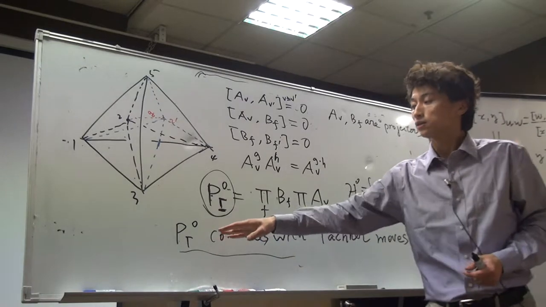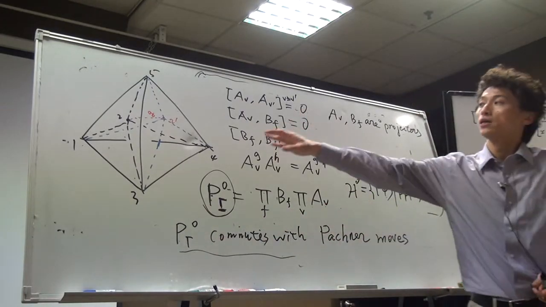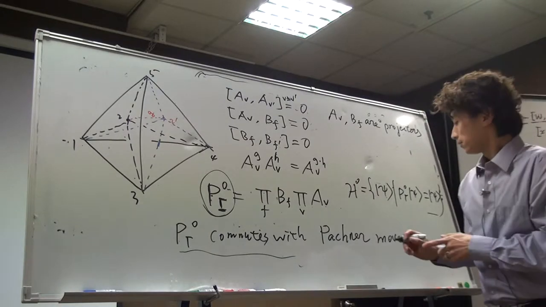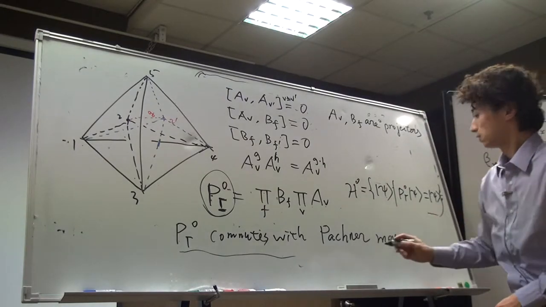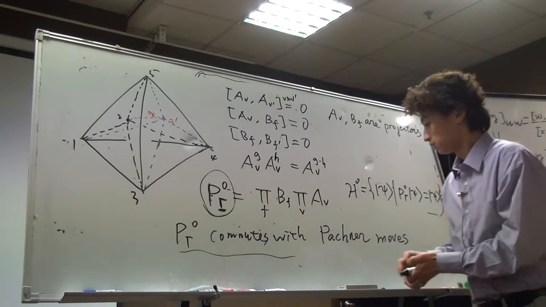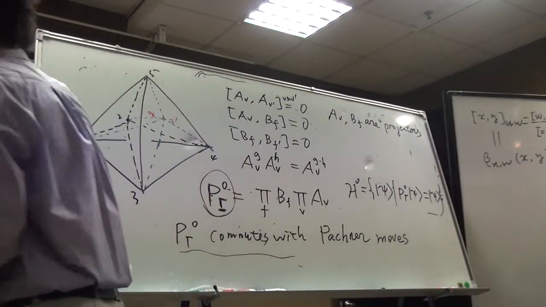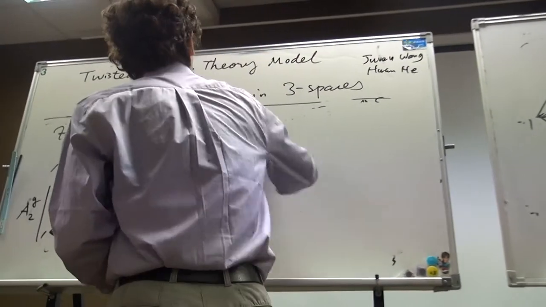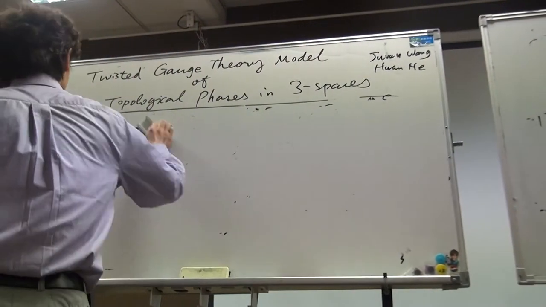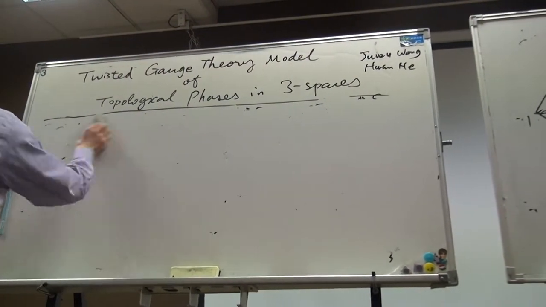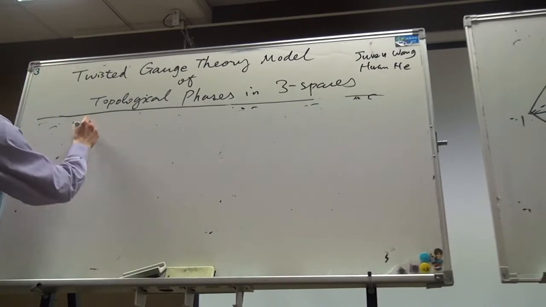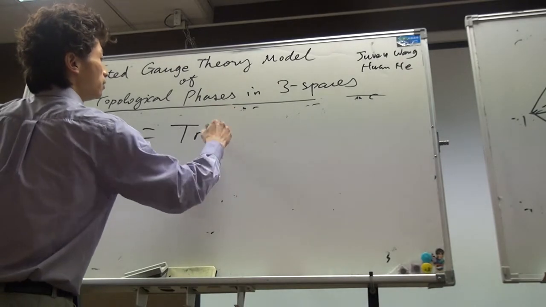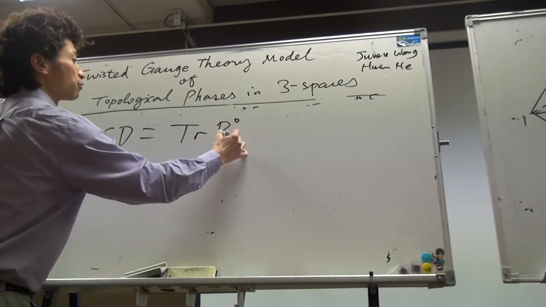And it turns out that they are indeed topological invariant in three-dimensional space. And then we can define the ground state degeneracy.